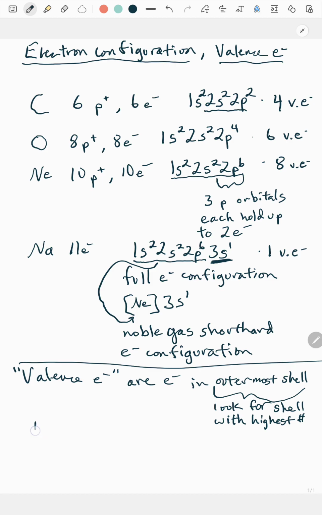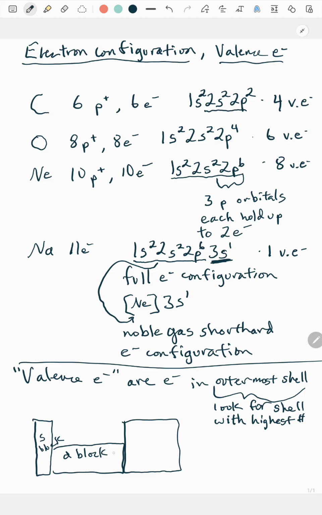The periodic table is arranged to help us figure out where these valence electrons are. We have it arranged something like this. It's my crude drawing. This over here is called the S block. This is the D block, and the P block elements. Then down below here we've got the 4f block and the 5f block.